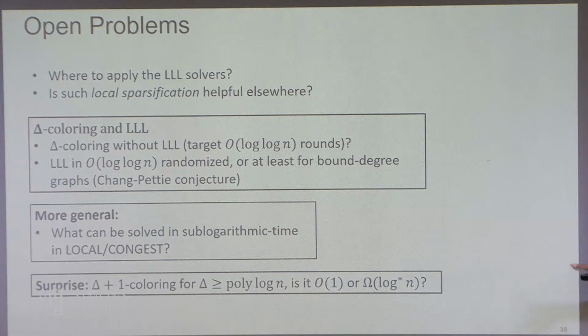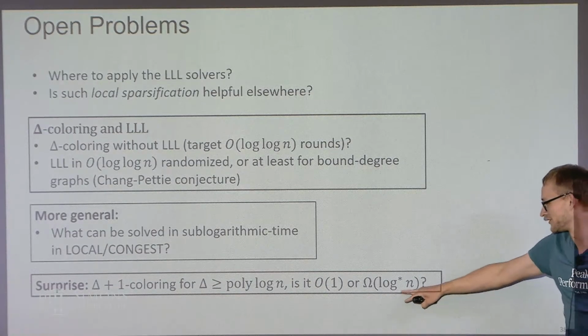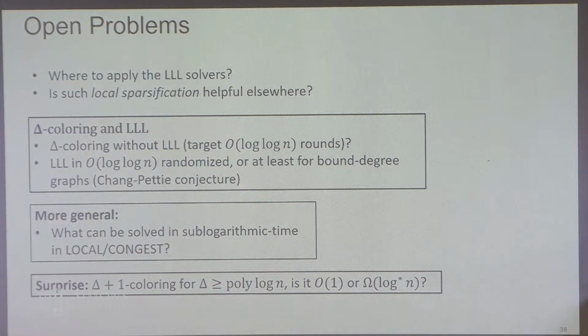And lastly, I just want to state an open problem that I actually like, and which comes as a surprise to many people in the field, is this delta plus 1 coloring, the greedy problem, which is much easier. For large delta, can you actually solve it in constant time, or do you need log star n rounds here? Because Linial's lower bound of log star n is on the cycle.